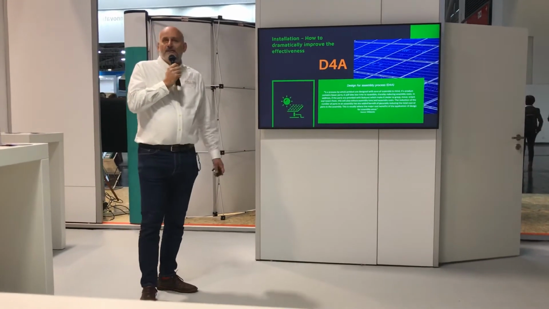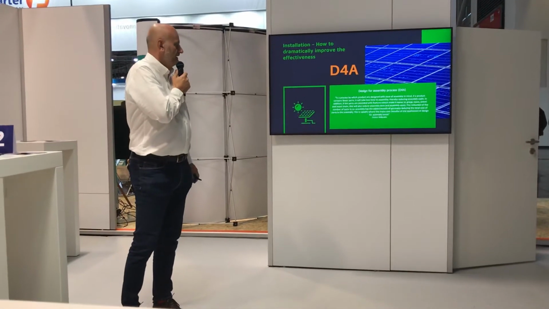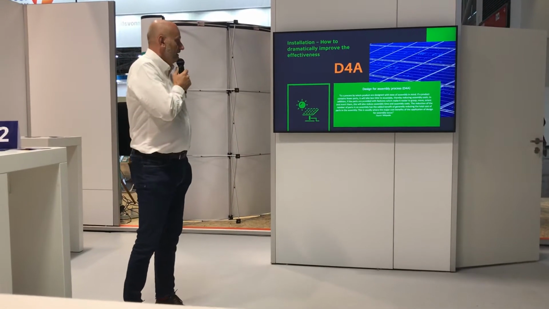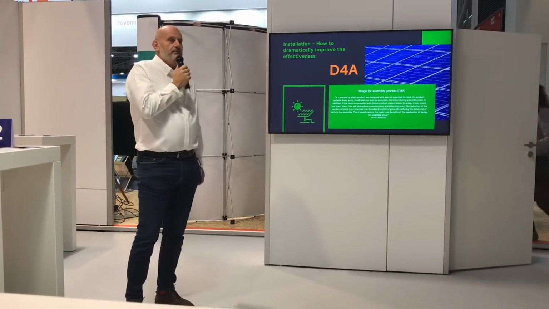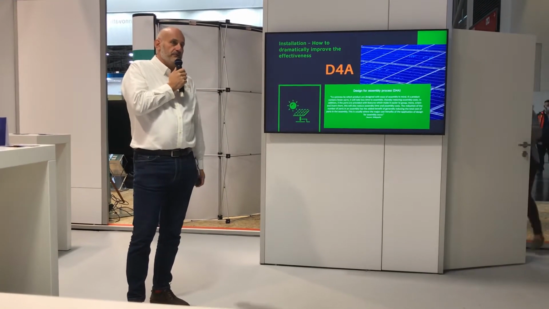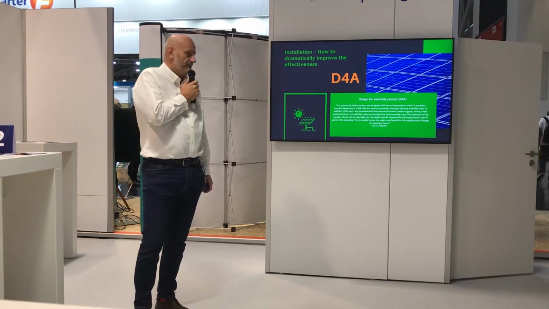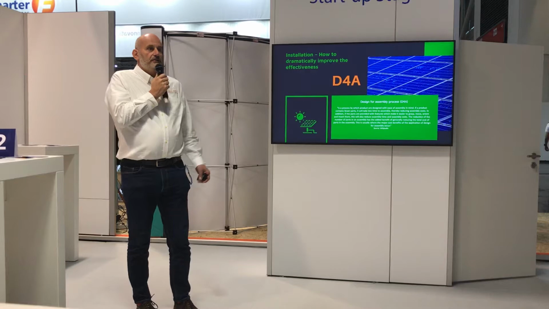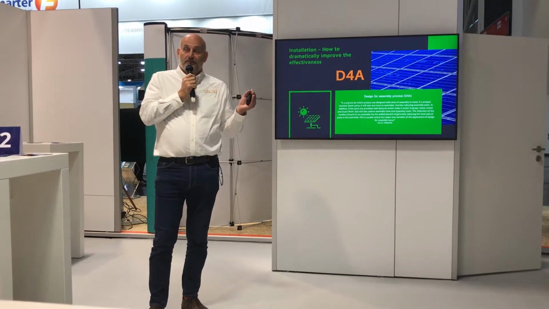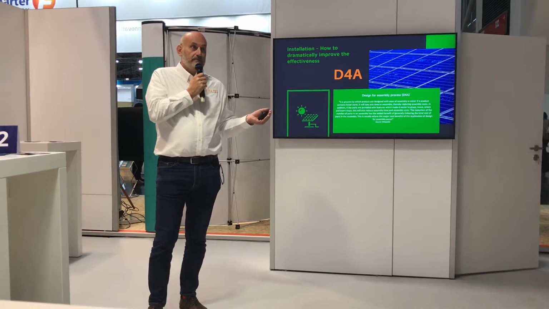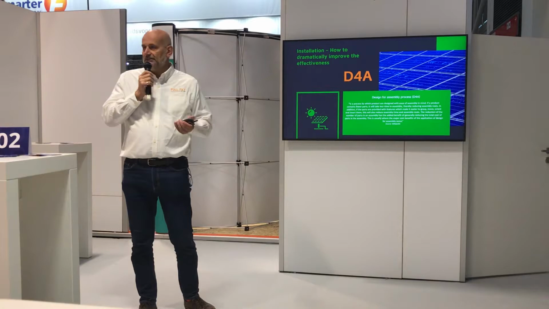So how? The question is what to do in order to improve the installation effectiveness. The most interesting way is to design the product using what is called the design for assembly process, which means that you design every single part of the hardware to make it the most effective when you do the installation.